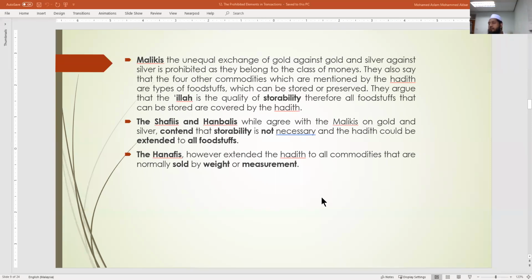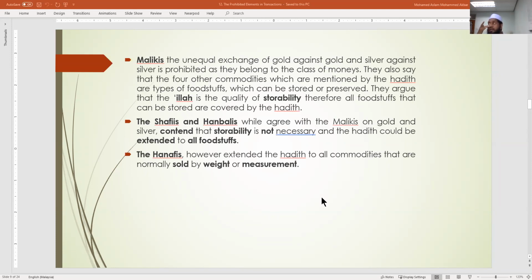But according to Shafi'i and Hanbali, they agree with what Maliki says on gold and silver, but they don't bring the storability issue. According to Hanbali and Shafi'i, it is not only these four items, it is not only storability; it can extend to all foodstuff, even vegetables.